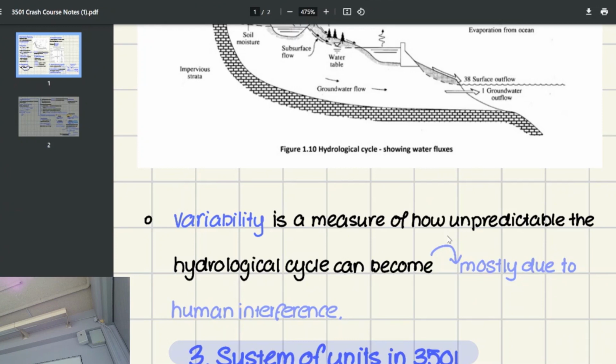As you can see here, another term that you'll hear is human interference. Because we're constantly burning fossil fuels, there's a lot of industrialization, there's urbanization, we're kind of expediting the variability process.